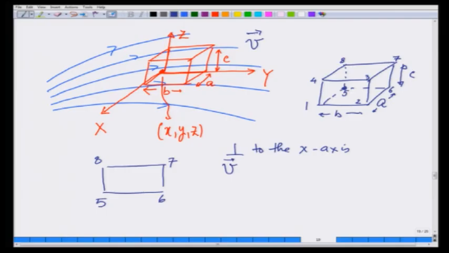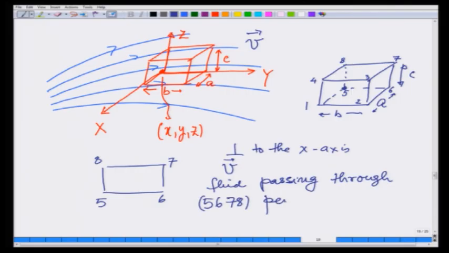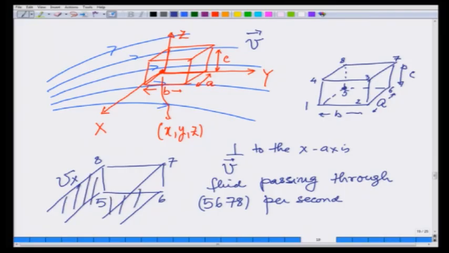If there is a velocity v, then fluid passing through 5, 6, 7, 8 per second will be really, if you make a big rectangle of length Vx, whatever the fluid is in this Vx is going to pass through the surface, right, because in 1 second it will cover the length Vx.